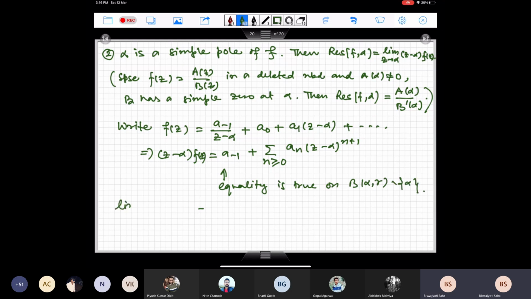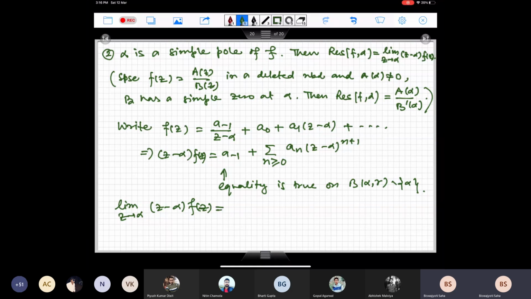Now I am supposed to calculate the limit as z tends to alpha of z minus alpha times f of z. But when we take the limit at a point of a function, we generally do not need to bother about the functional value at that particular point, right? We can just look at the function around that point and determine the limit.